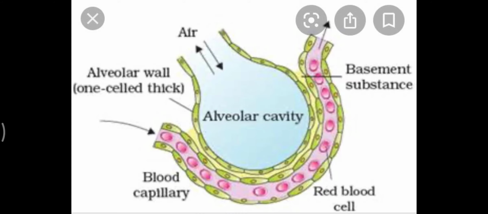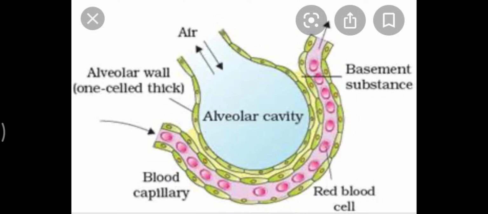Then the next layer is the endothelium of the alveolar capillary. You can see the capillary which is having the blood cells. Only a single layer, endothelium meaning the layer on the inner side. So the endothelium of the alveolar capillary is the next layer through which the oxygen has to pass.